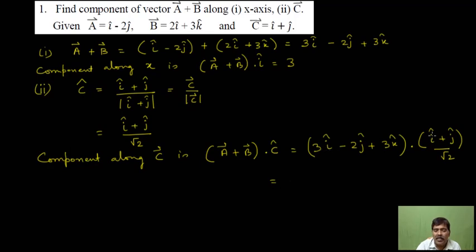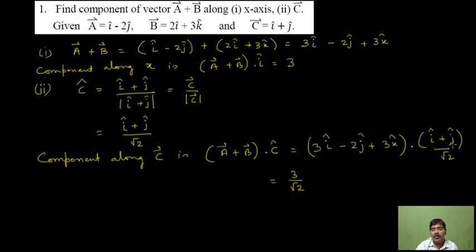So that is, if you take 3i cap dotted with i cap plus j cap, only the i component survives. So that is 3 by root 2, and for the rest, the k part dotted with i and j is 0.